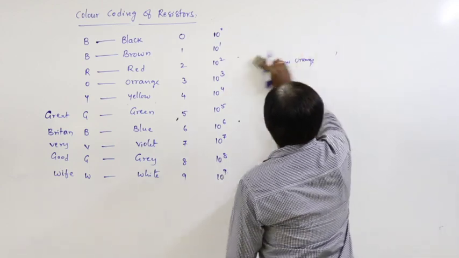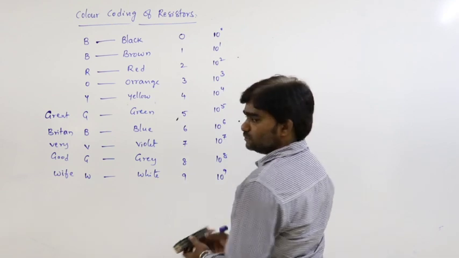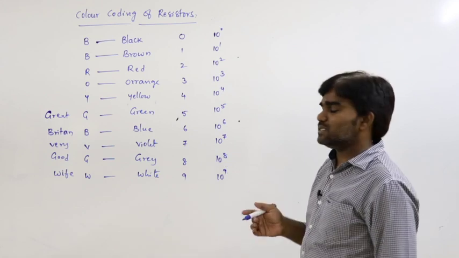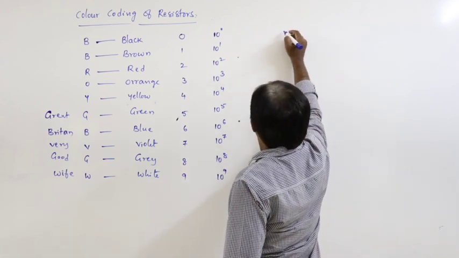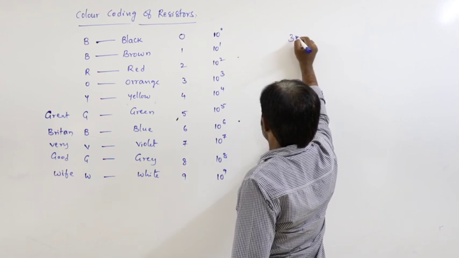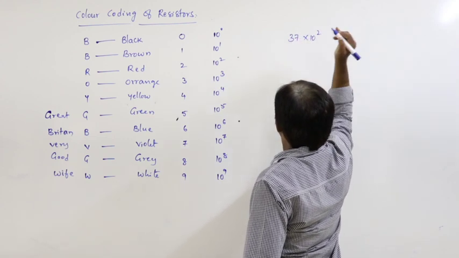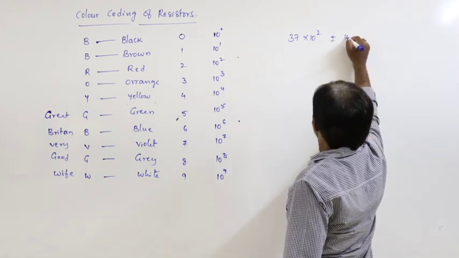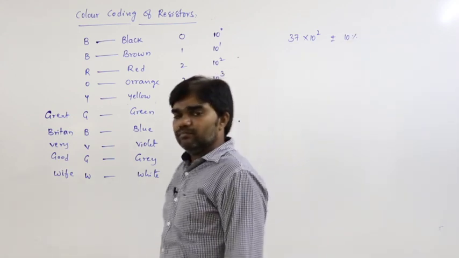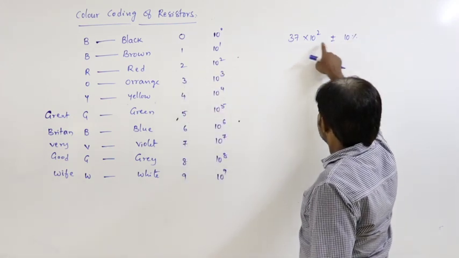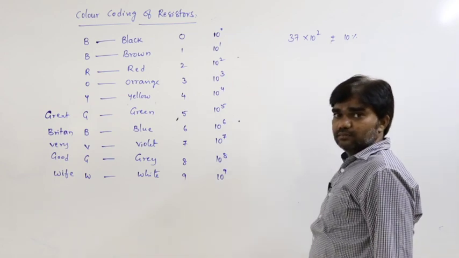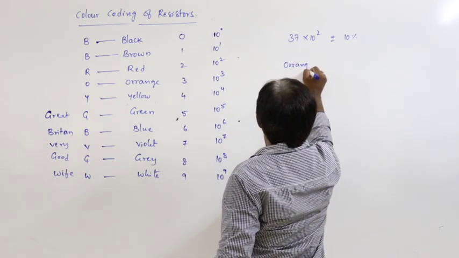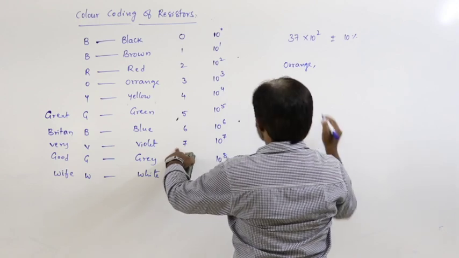So for example, if the resistance is given, how can we calculate the colors? Say the resistance is given as 37 into 10 to the power of 2 plus or minus 10%. Then what are the colors? 3 means orange, 7 means violet.